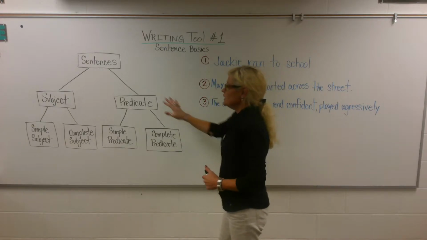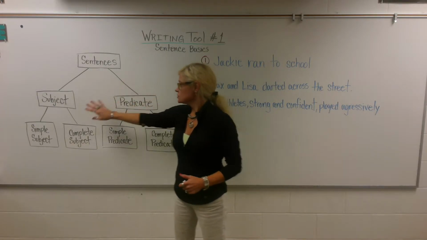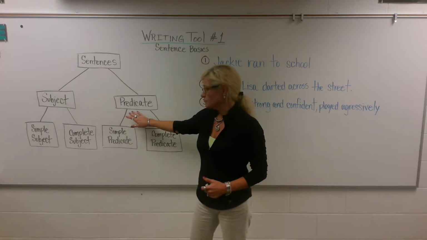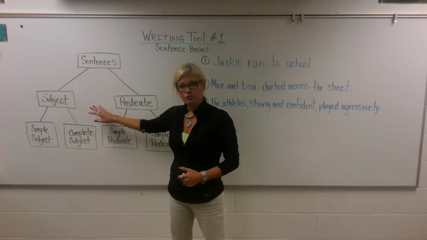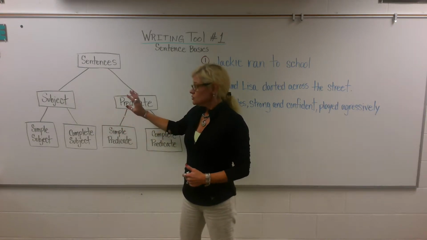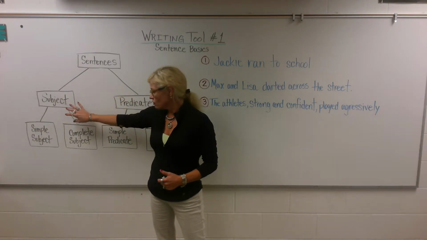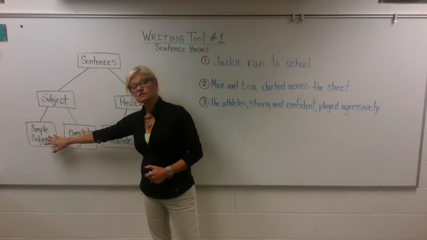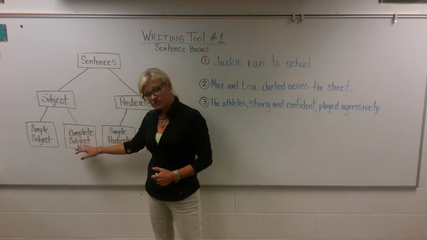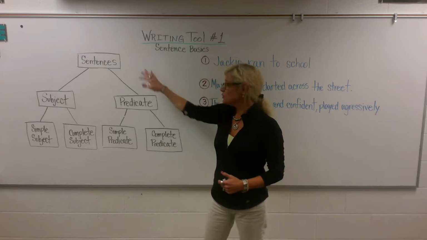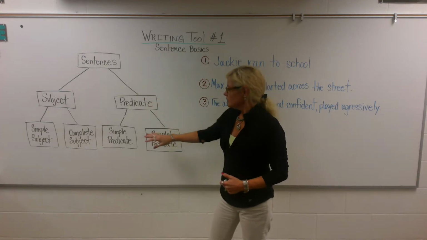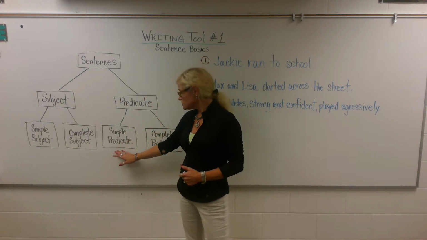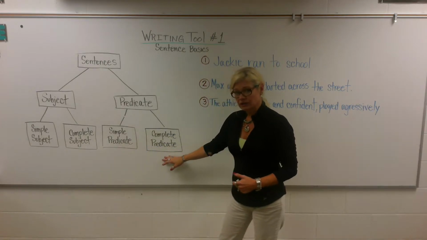Okay? So sentences have two parts. There's the subject and there's the predicate. There must be both present for it to be a complete thought. So the subject can be broken down into two further subcategories, which is the simple subject and the complete subject. Same with the predicate. The predicate can be broken down into the simple predicate and the complete predicate.